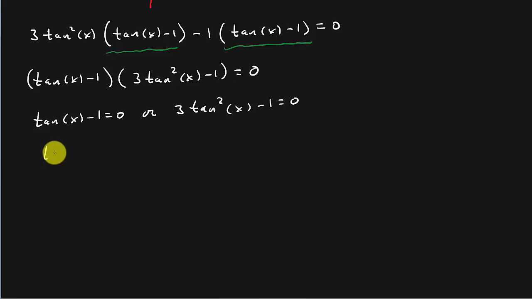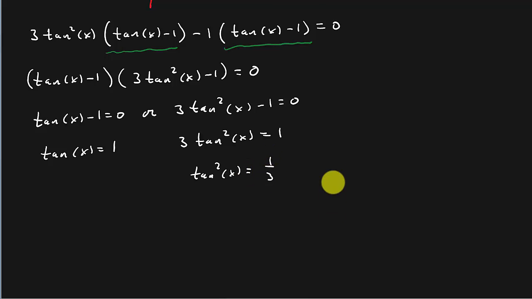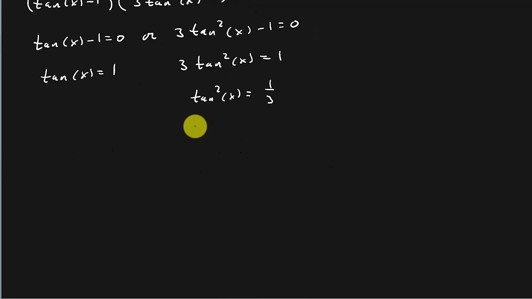Here, this is going to give me tangent x equals 1. And then if I solve this one, I get 3 tangent squared x equals 1. Divide both sides by 3. I get tangent squared x equals 1 over 3. And then we'll square root both sides.